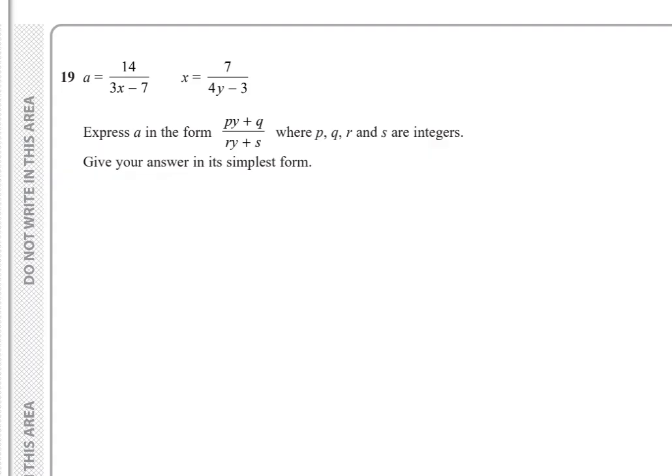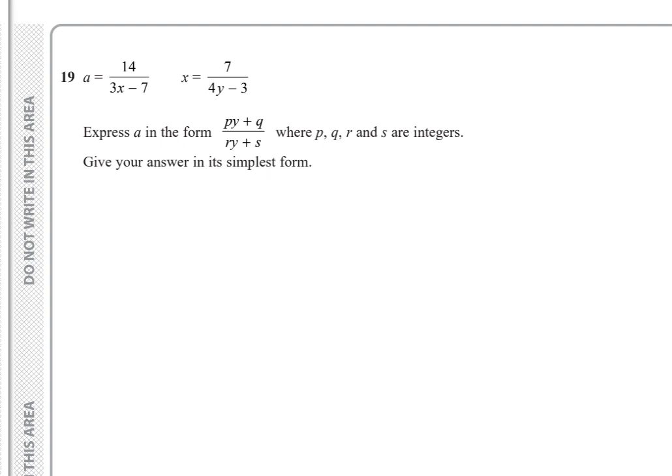Number 19. a equals 14 over 3x minus 7, x equals 7 over 4y minus 3. Express a in the form py plus q over ry plus s, where p, q, r and s are integers. Give your answer in its simplest form.